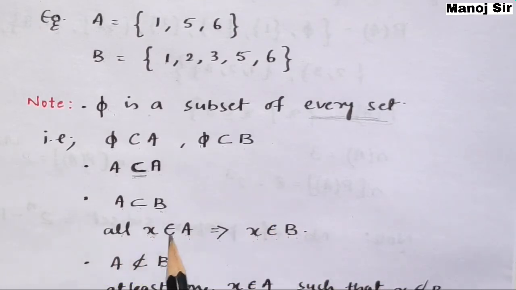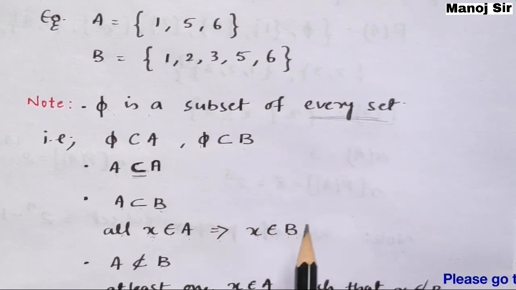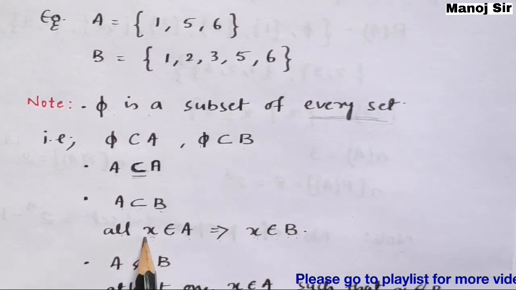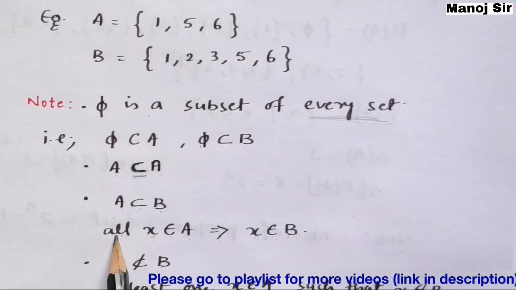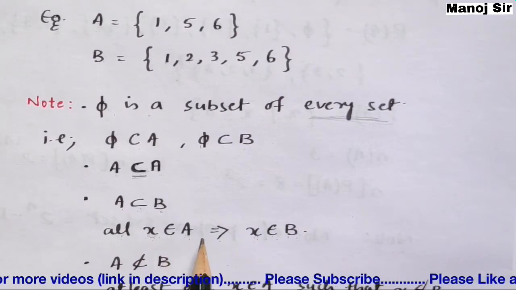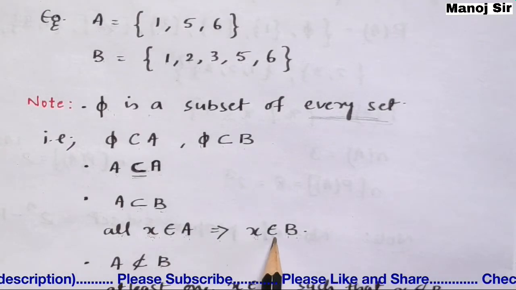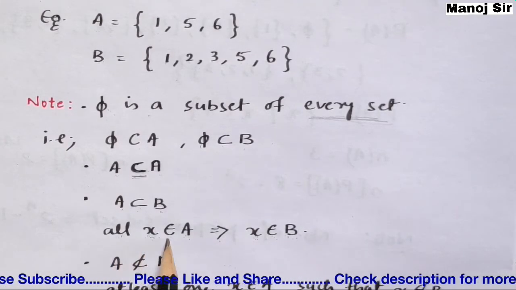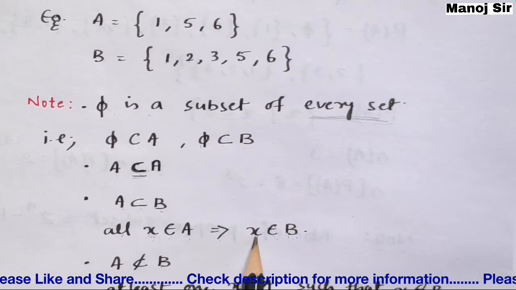A is a set, and B is similarly a set. If all elements, that is all x that belong to A, implies x belongs to B. That is, for all x, x belongs to A implies x belongs to B.